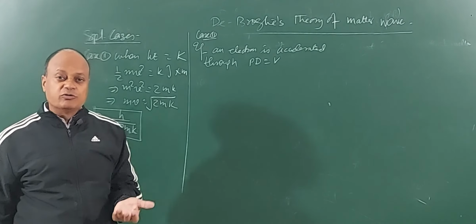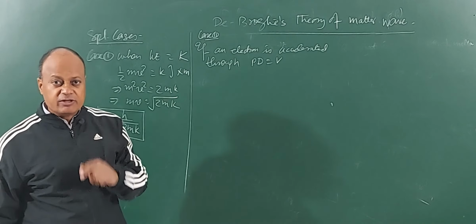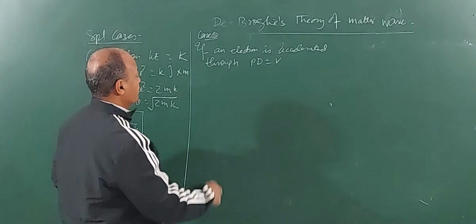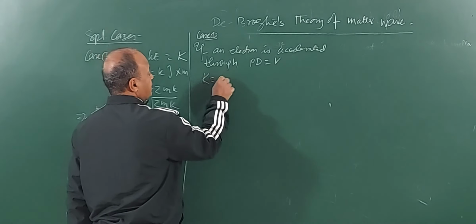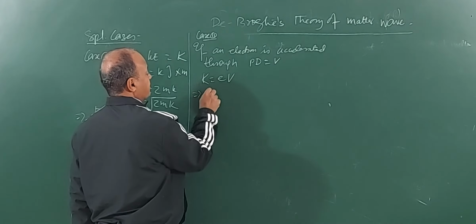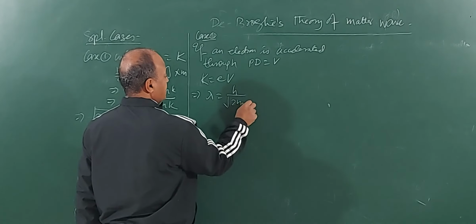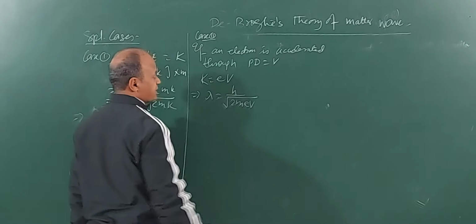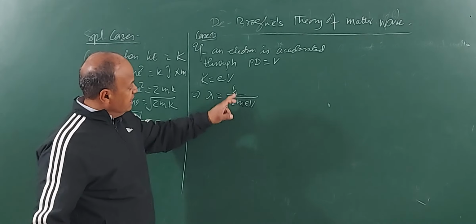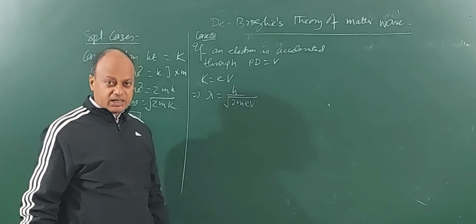If suppose they give in kilovolts, multiply by 1000 and convert into volts. Then children, we know that K is equal to how much? E into V. So, how much will be lambda? h by root over 2m E V.